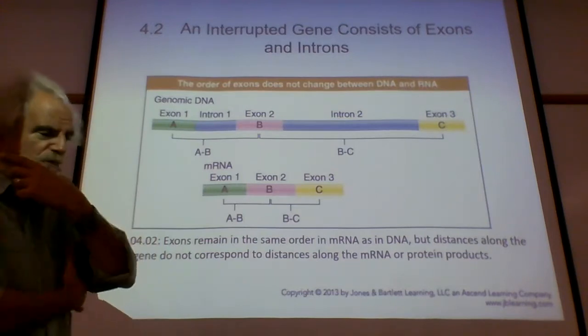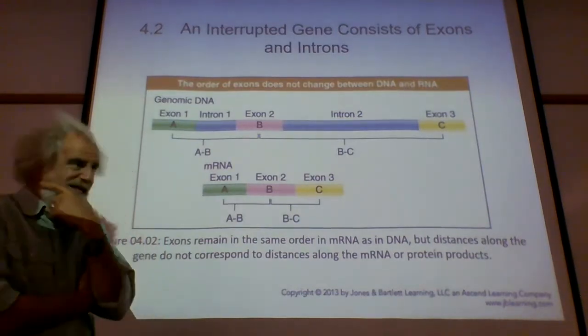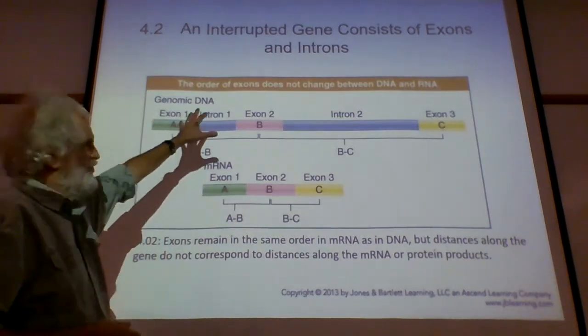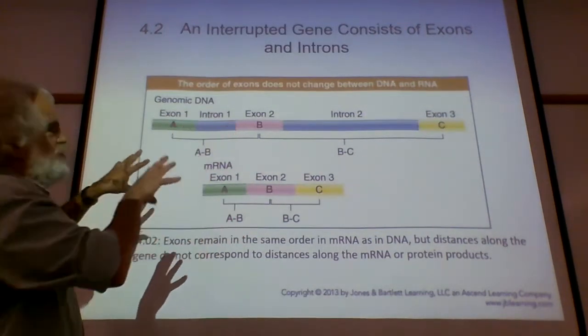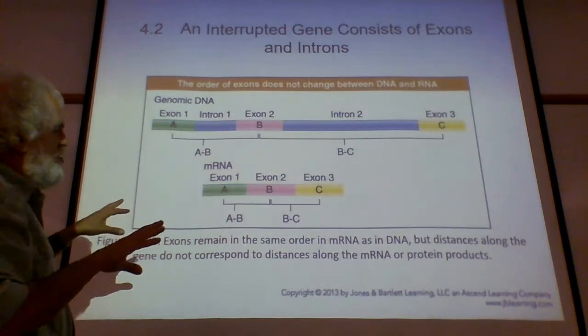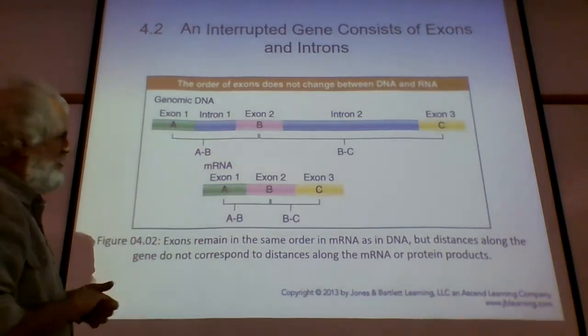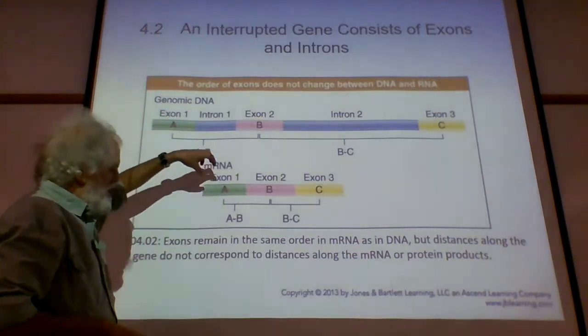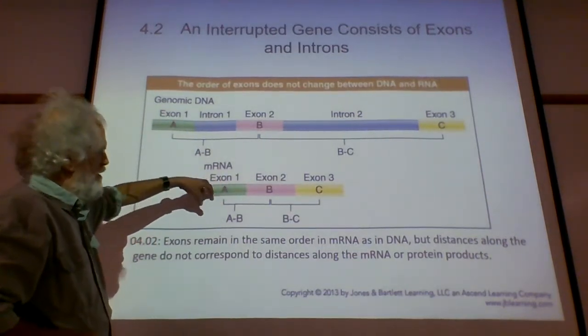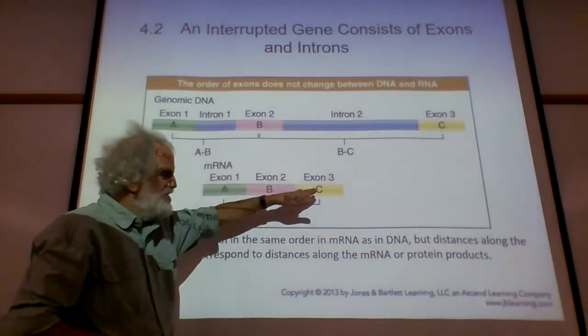So the primary rule is we can have a whole series of exons and do differential splicing in which we can drop different parts out, but no matter what, the exon order has to be preserved.